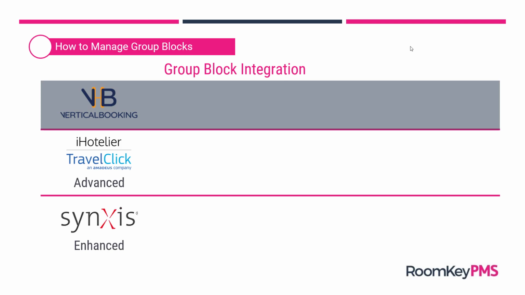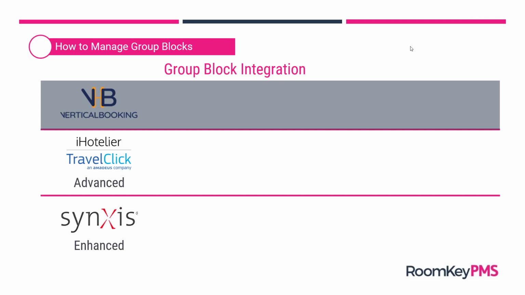So if you are a hotel that offers group reservations and vertical booking is your connectivity partner, those group guests will need to contact your hotel directly to make bookings. They would not be able to use any of the vertical booking distribution tools. So they wouldn't be able to connect through vertical booking. They would have to contact your hotel directly in order to book a group reservation.